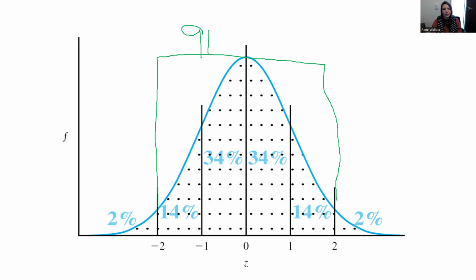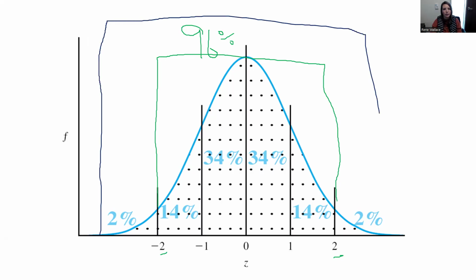I just wanted to make sure because I don't want to write it wrong. 96% of our scores are within two standard deviations from the mean, positive or negative. And then that means 99% of our scores, probably more like 99.7, fall within three standard deviations of the mean.